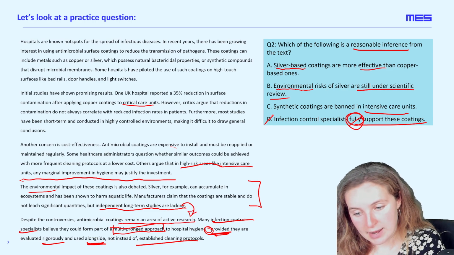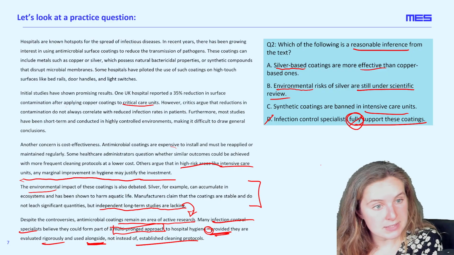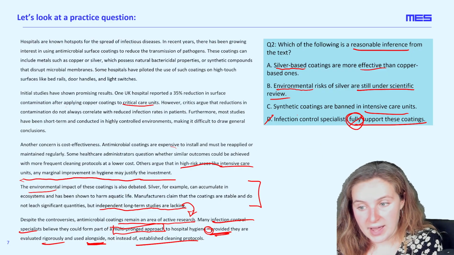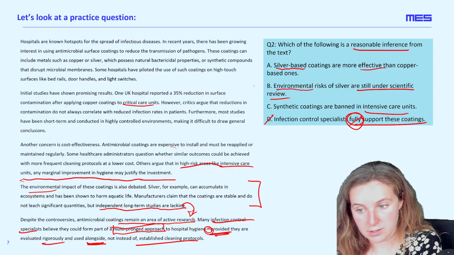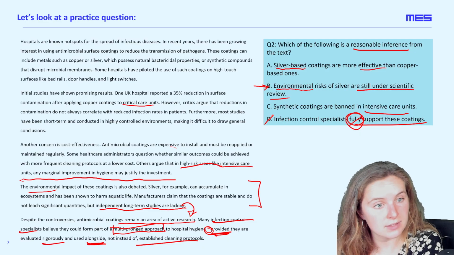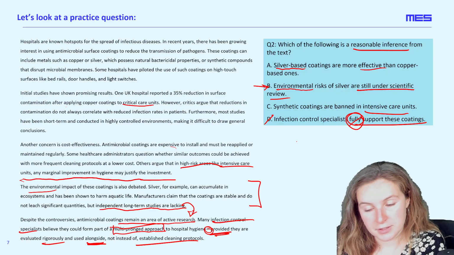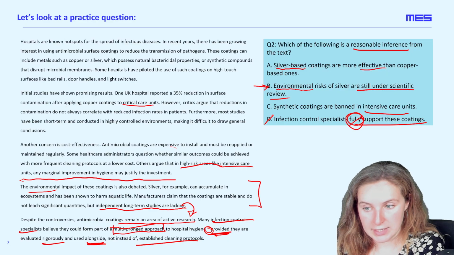They remain an area of active research. So it seems definitely true that environmental risks of silver are still under review because they don't have enough long-term studies, as well as the fact that this is an area of active research still. So that means that this is still undergoing a process of research. So that sounds pretty good, but let's check the last one just in case.